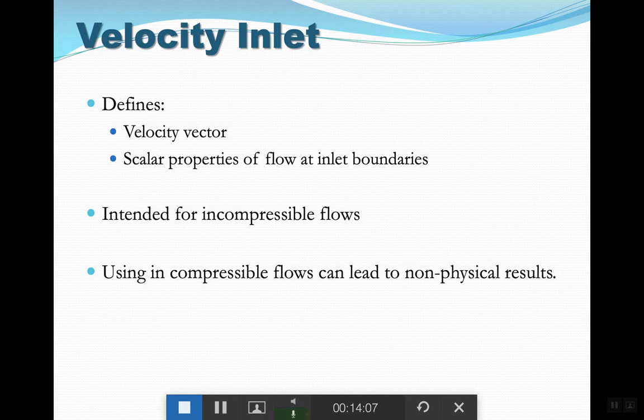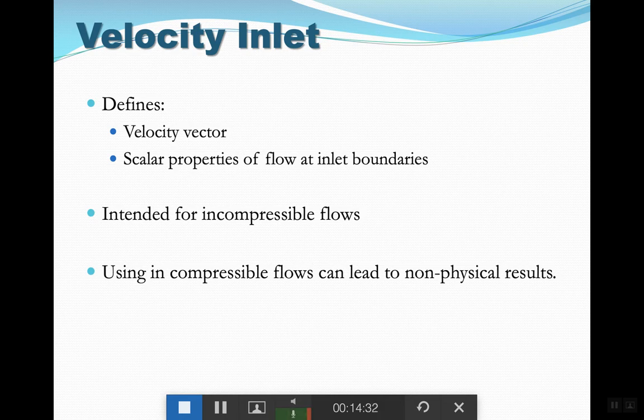And remember, velocity is a vector, and scalar properties of flow at the inlet boundaries will be defined. So this is intended for incompressible flows, because remember, velocity inlet flow is useful only if you have incompressible flow.